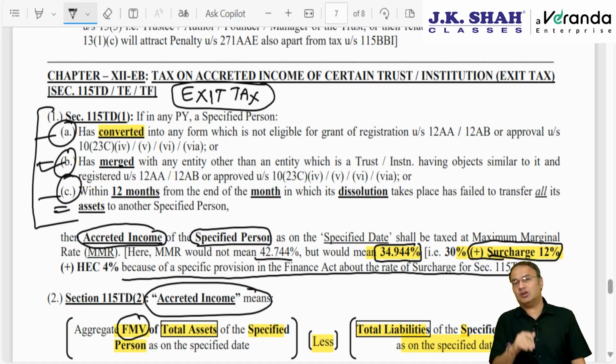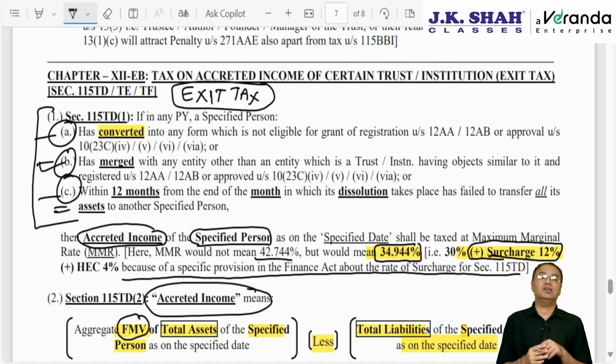So up till now you enjoyed the benefit. Now government says if you are getting dissolved, then do not hand over the assets to trustees. Trustees have no power. Instead of trustees taking over the assets, give it to some other trust which is registered under 12AA, 12AB or approved under 10(23C), whether having similar objects or not. Pass it on to somebody else.